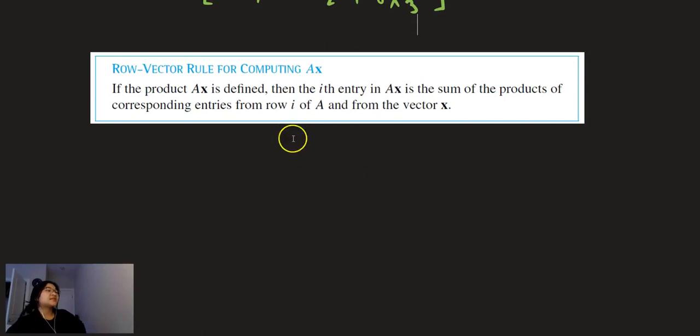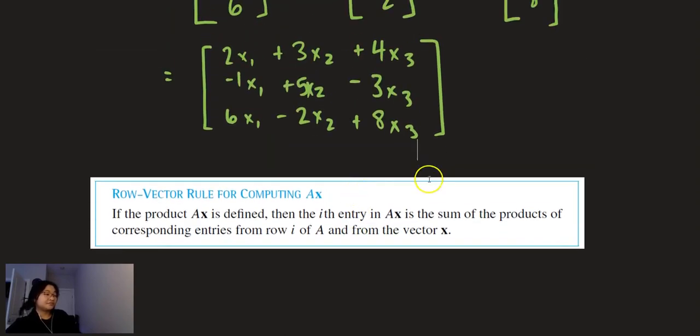If the product Ax is defined, then our ith entry in Ax is the sum of the products of the corresponding entries from row i of A and from the vector x. So as long as we have Ax, which we can do because our dimensions work out, then our ith entry of the product Ax is going to be the sum of the products from the corresponding entries from row i of A and from our vector x, which you can see here.